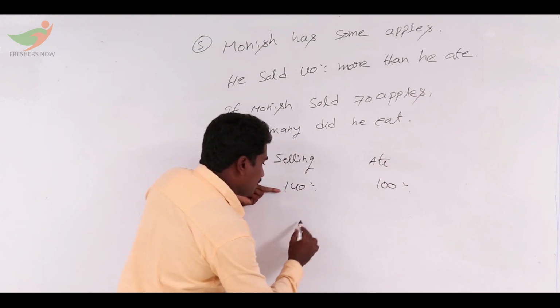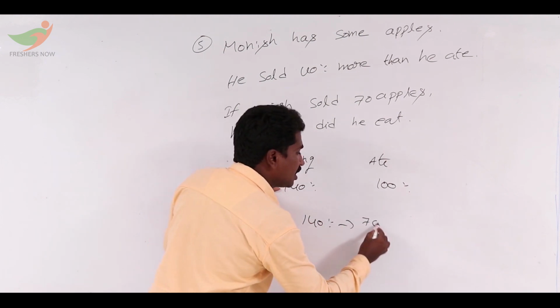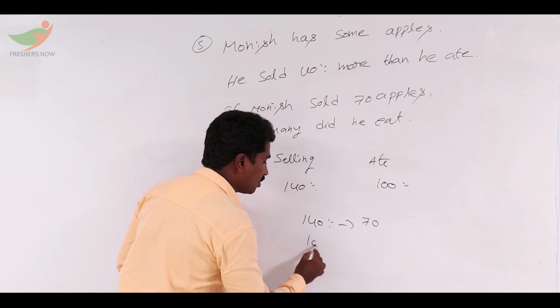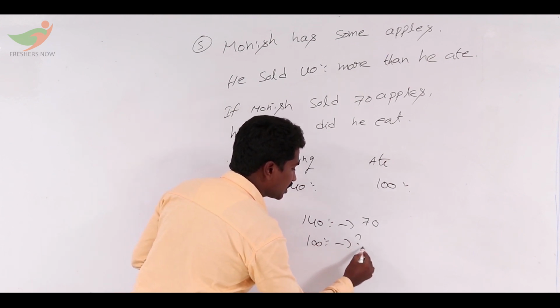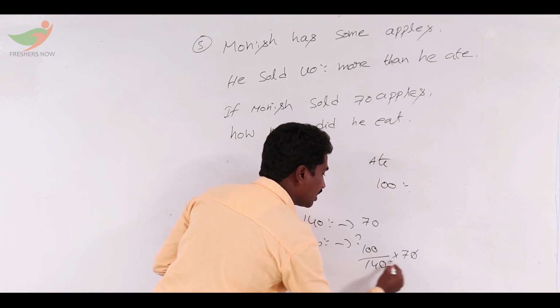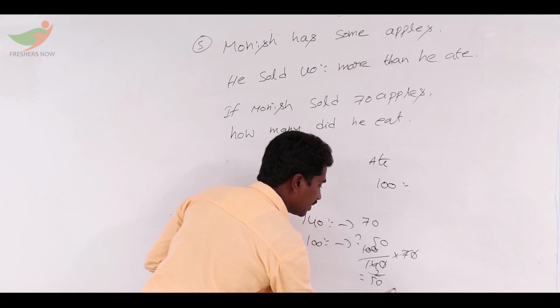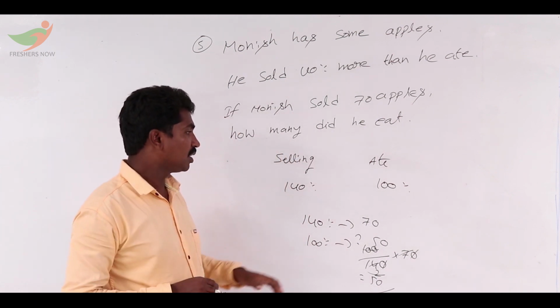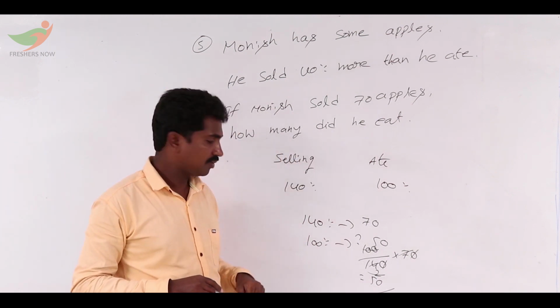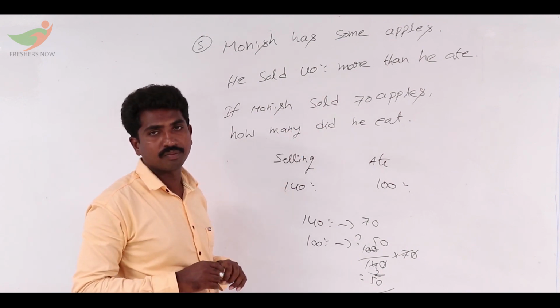Here selling is 140%, value 70, he is asking 100% how much? So I take 100 by 140 into 70, 50. That means he ate 50 apples and he sold 70 apples.